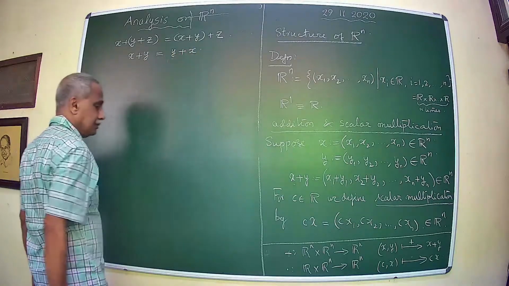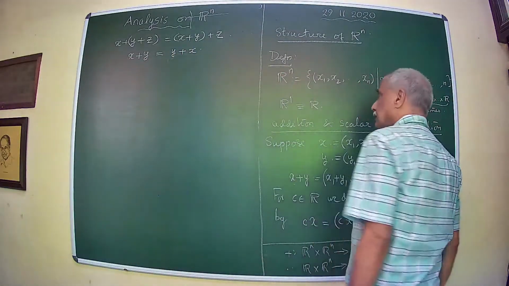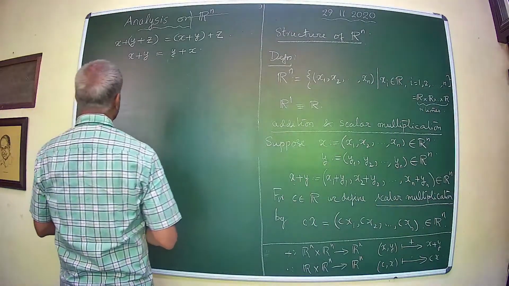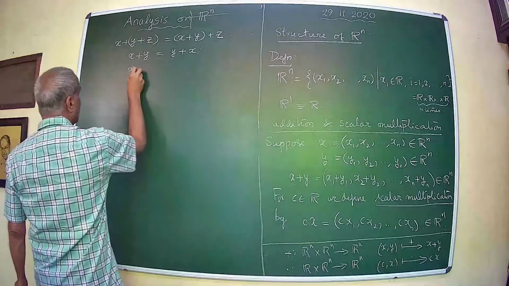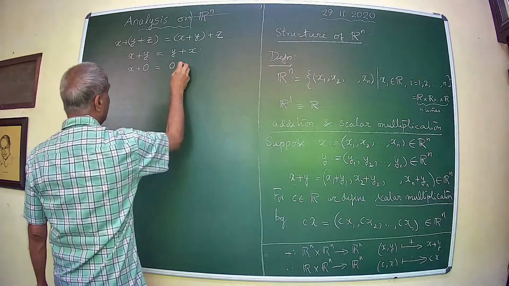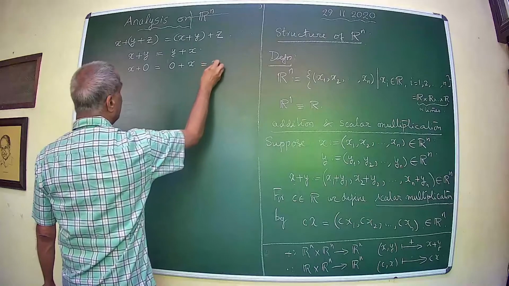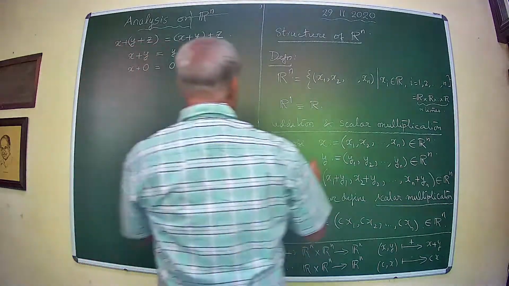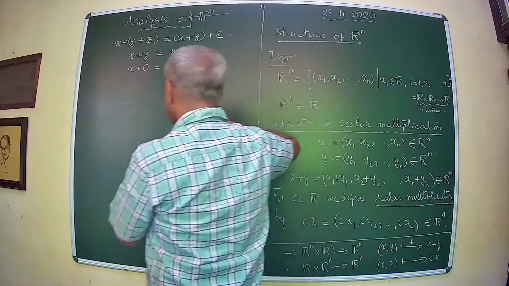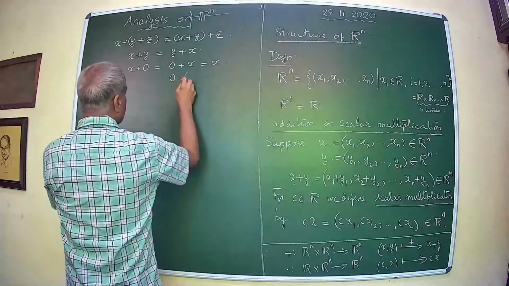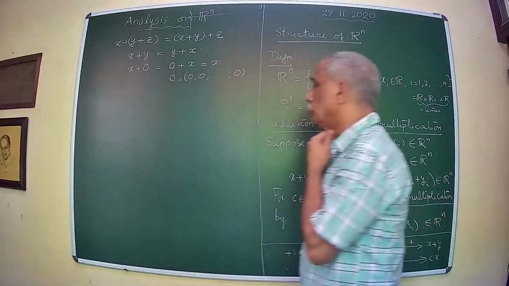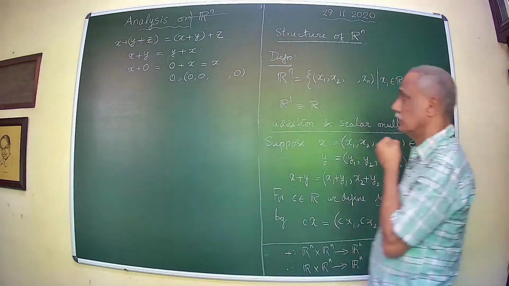That means addition is a commutative operation. It's associative, commutative. Then there is a vector called the zero vector with the property that x plus 0 equals 0 plus x, which is equal to x. This is a zero vector which corresponds to the point 0, 0, 0, etc. at the origin. So 0 corresponds to the n-tuple with each entry equal to 0.